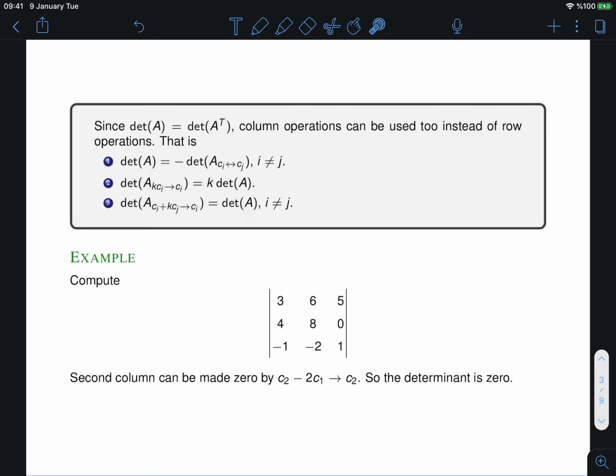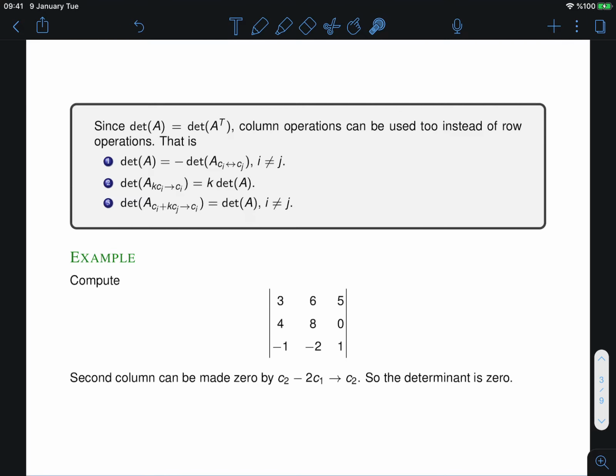So let's apply this in this example. We're going to try to compute the determinant of this matrix. What do we see? When we look at it, we see that the second column is really twice the first column. So if we do this column operation, which is multiplying the first column by -2 and adding it to the second column, replacing the second column, what do we get?